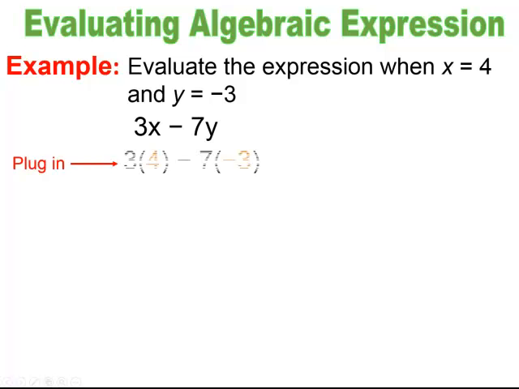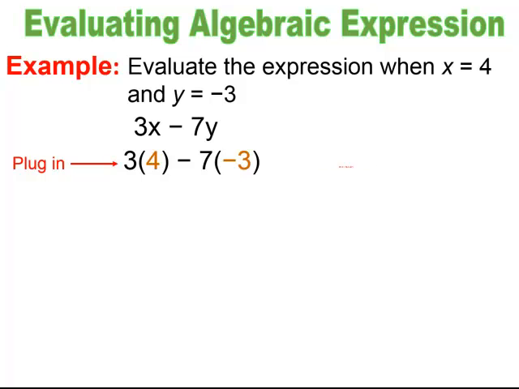So when I do this, I'm plugging it in, and I'm using parentheses. The reason why I'm using parentheses is because 3 is attached to x, and that means when I plug in the 4 into x, I'm going to have multiplication. And the same goes with the y. 7 is attached to the y, so when I plug in that negative 3, I'm going to end up multiplying.